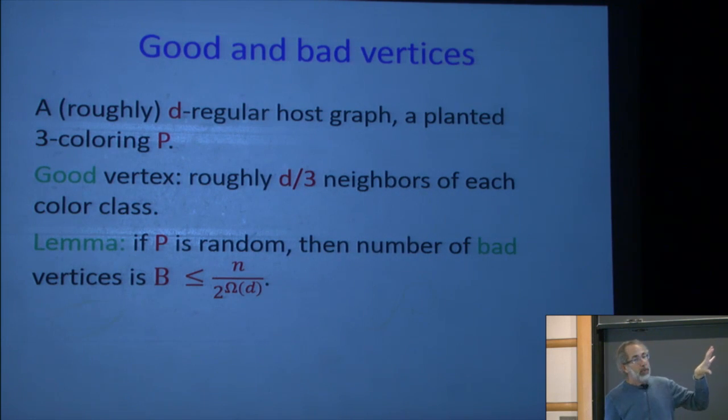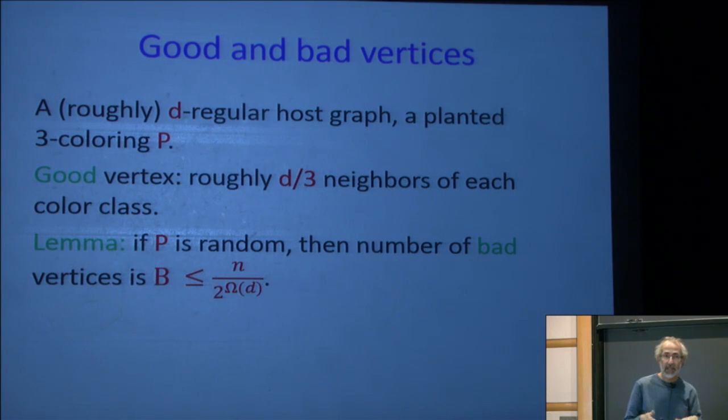Another notion that will help us understand the algorithm is the notion of good and bad vertices. If we look at an arbitrary, roughly d-regular graph and plant a random three-coloring, we expect every vertex to have roughly d over 3 neighbors of each color class.